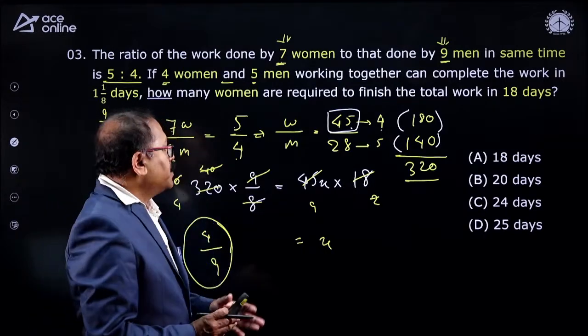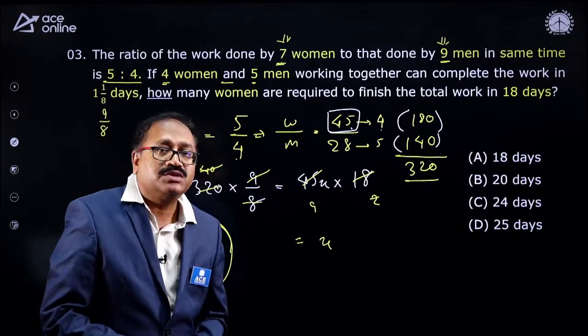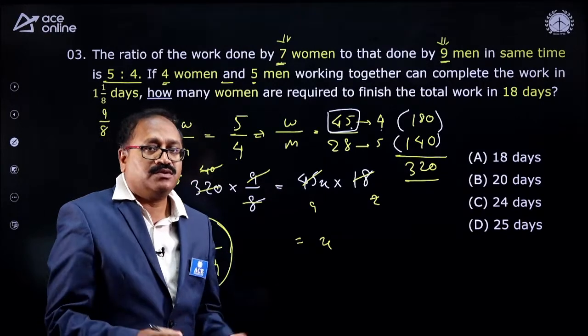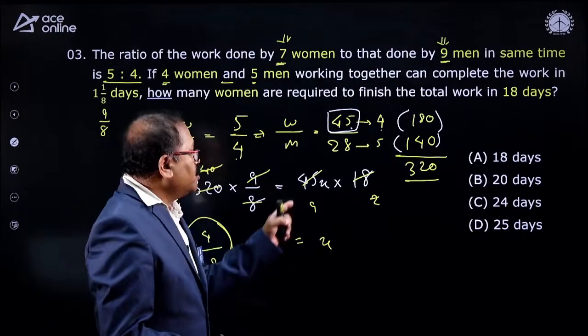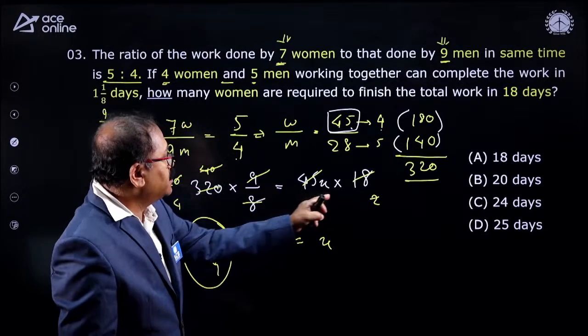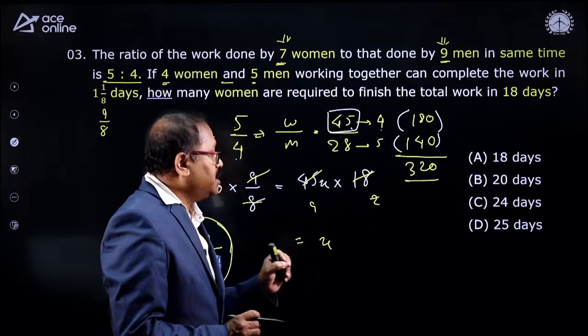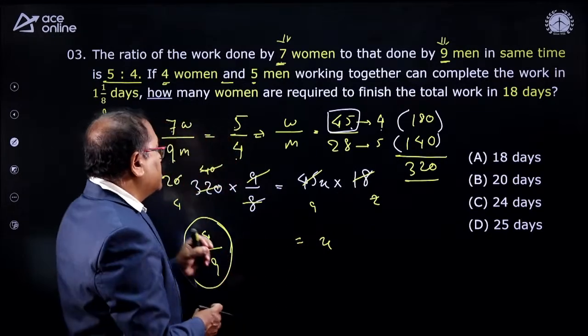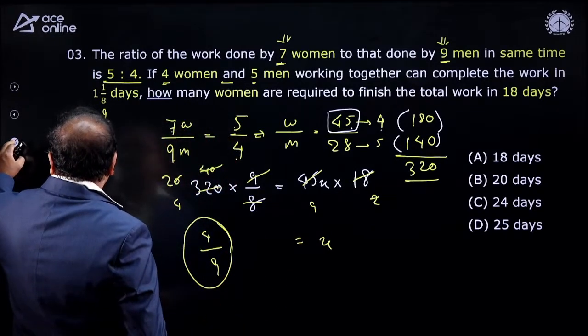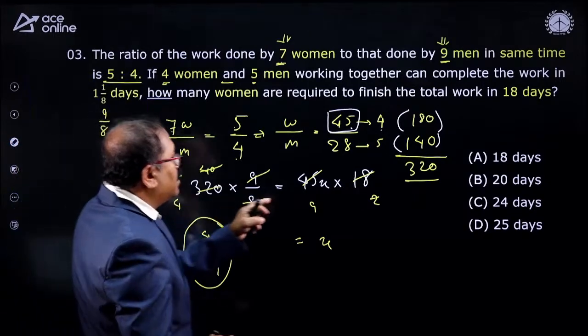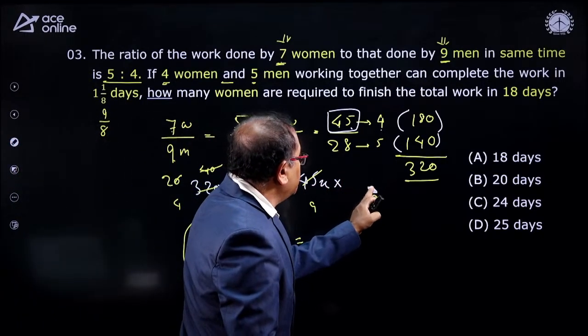Do not worry. You know how to approach questions like this. That is more important. Now if instead of 18 days, I write something like 9 days, then can I answer the question, or 3 days?